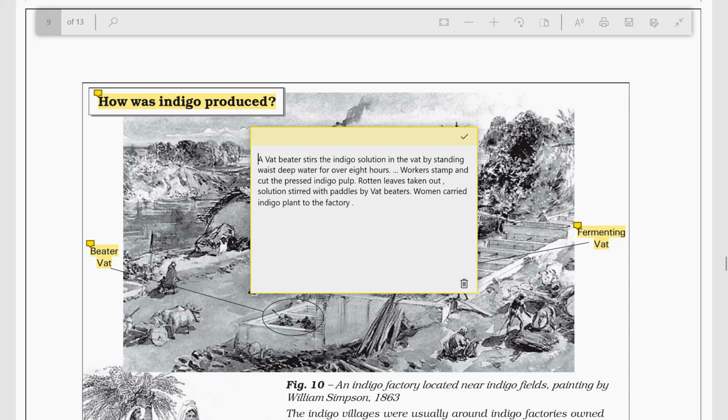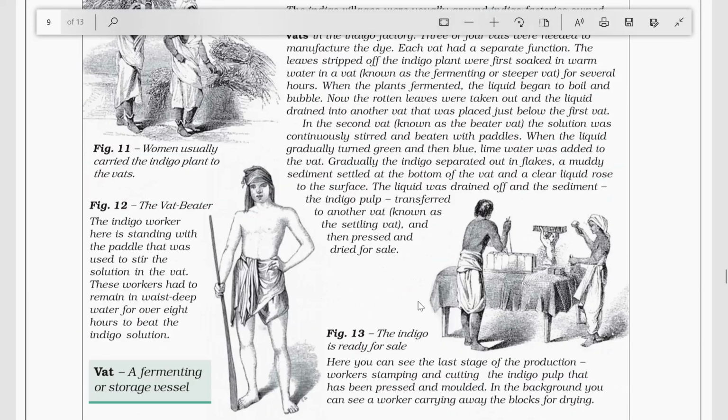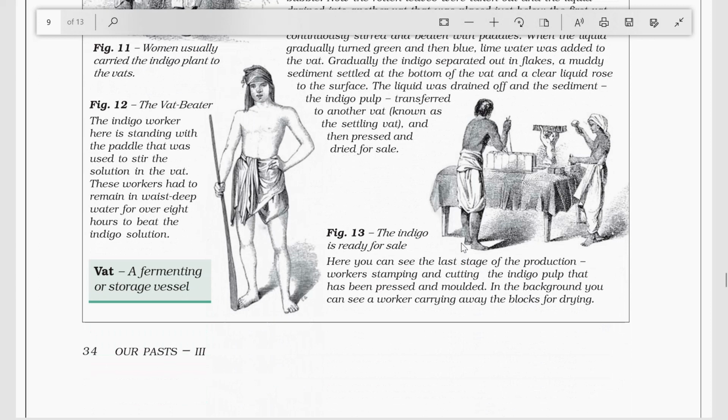Workers stamp and cut the pressed indigo pulp, rotted leaves taken out, solution stirred with paddles by wet beaters. Women carried indigo plants to the factory. Here you can see they are stamping and cutting the indigo pulp that has been pressed and molded. Here they are pressing it and carrying it to the factory area. He is the wet beater, the indigo worker.